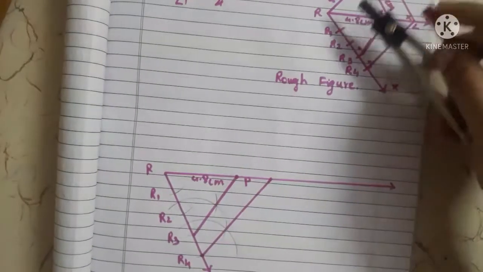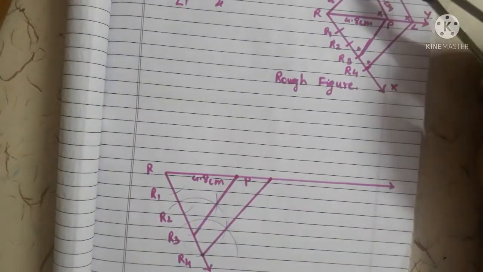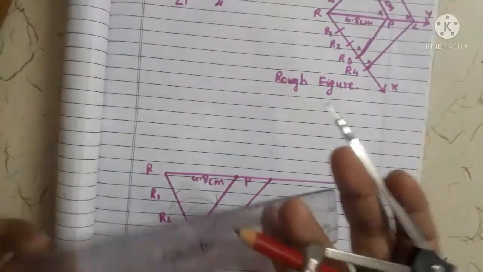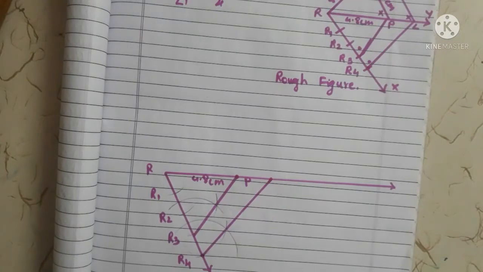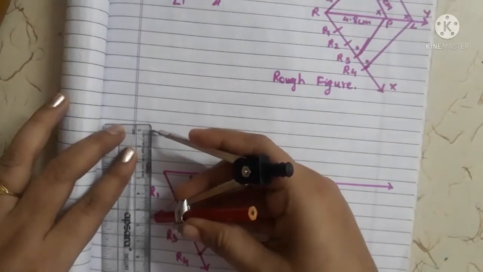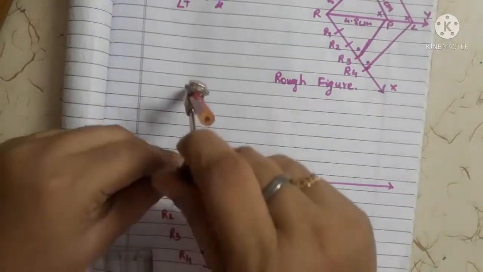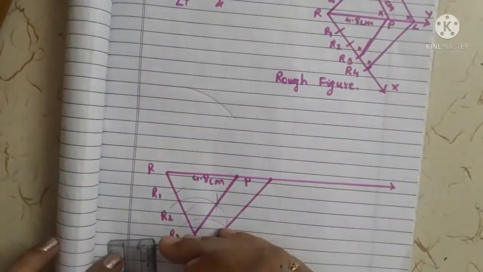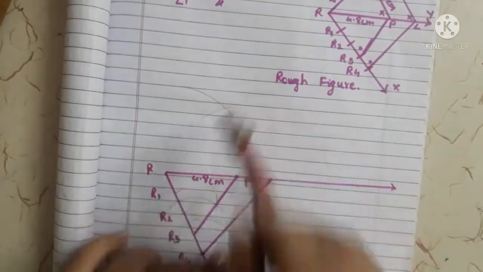Now in the triangle it is given that RQ is 5.4 and TP is 4.2. So first on my scale I will take 5.4. So this is 5.4 I have got. Keep it here and draw one arc. This side is 4.2, so I will take 4.2 on my scale and draw the arc.